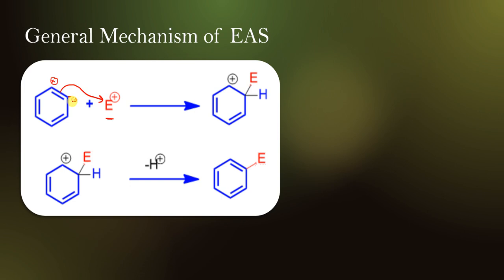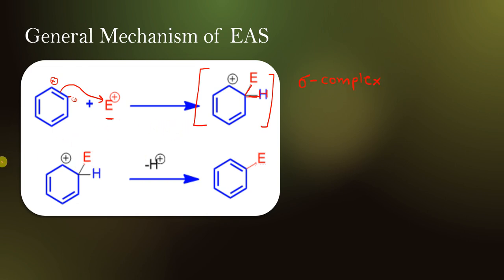So this negative-charge carbon is forming a bond with E, right? You can see this carbon has formed a bond with E. On the other carbon we should get a positive charge, and on this carbon the H is already present, which we have shown here. This intermediate is also called the sigma complex, right?